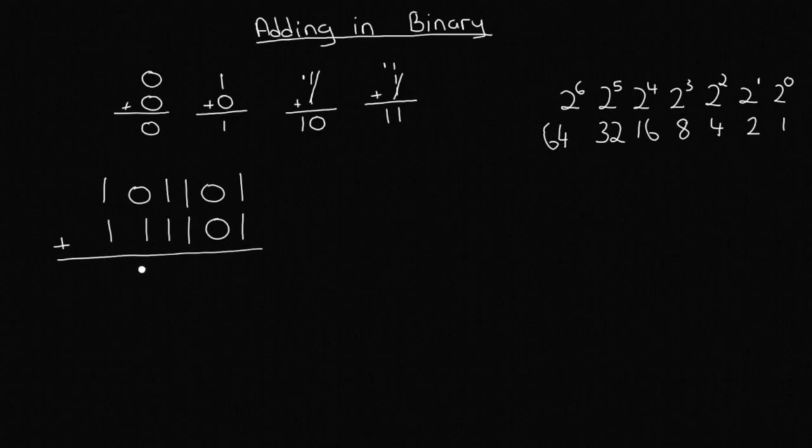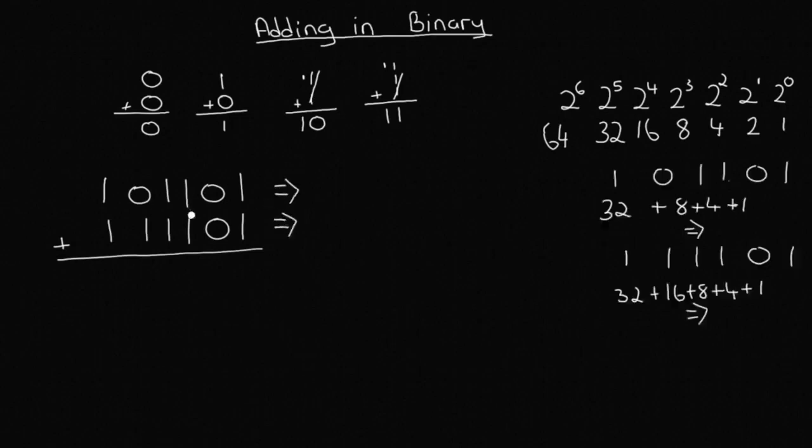So before we go and add these together and get a result, we could convert these two binary numbers here to decimal. We're going to do it this way this time. We bring these binary numbers over here into our little grid, so it's easier for us to figure out what the equivalent is in decimal. So for this first binary number here, you can see it's equal to 32 plus 8 plus 4 plus 1, which comes to a total of 45.